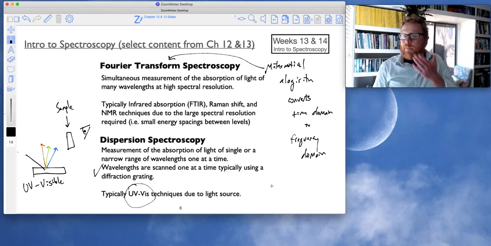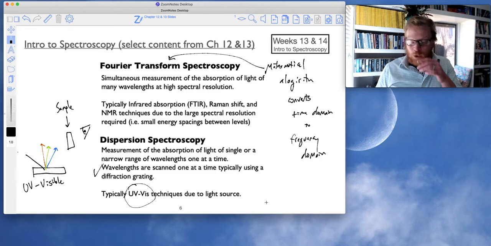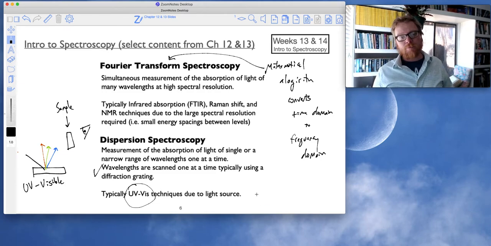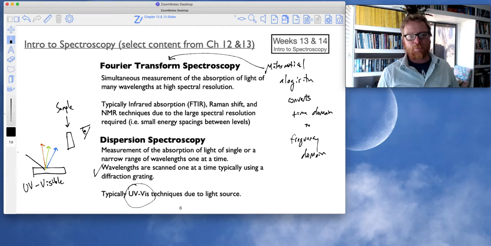That's convenient because if we think about things in terms of frequency, we can easily convert that frequency into a wavelength, which is what we're interested in spectroscopy. So in the FT technique, all of the wavelengths are measured simultaneously at very high spectral resolution.